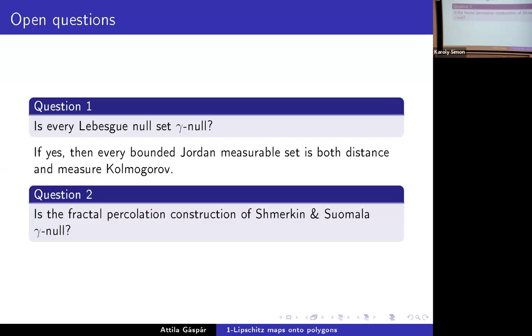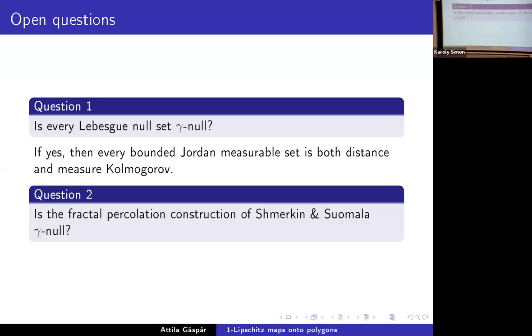This is the only example of a set that is not tube null, but it is Lebesgue null. But I do not know whether it is gamma null. There is also another construction of a non-tube null set by Carbery-Soria and Vargas. But that specific example is gamma null, so that cannot be a counterexample.